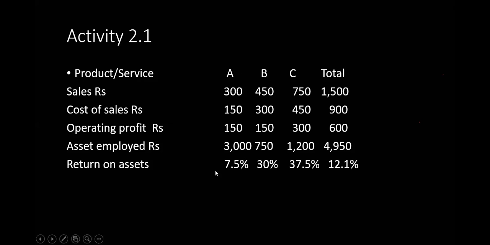By using this data, I want to again emphasize the meaning of strategic management accounting. There are new tools, new techniques, which should be used to get a broader view about the business or the product or the project.